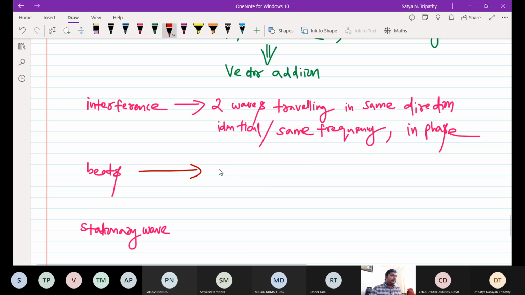In beats, two waves traveling in the same direction, but with different frequencies.